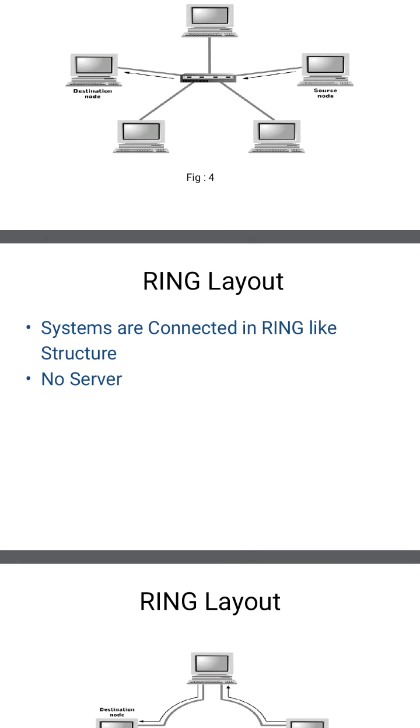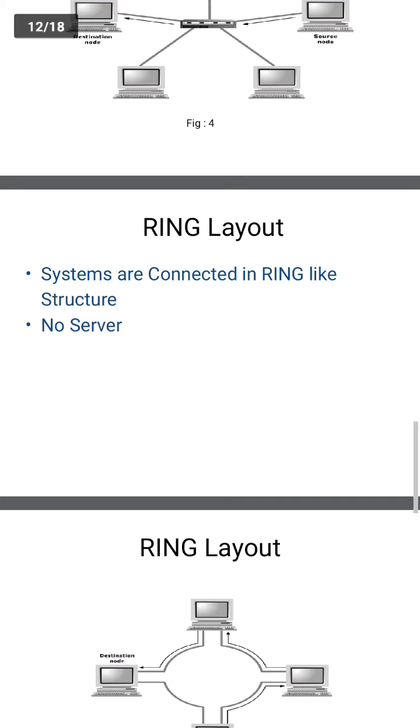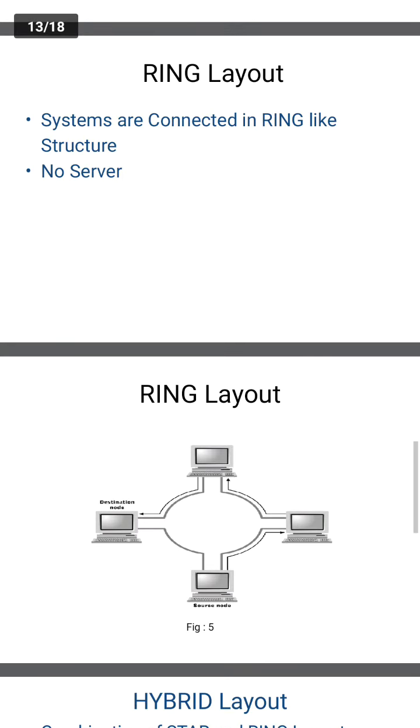Next, ring layout. What is this ring layout? Systems are connected in a ring-like structure, no server. In a ring layout LAN, the computers are linked together to form a ring-like structure. It is in the shape of a ring, that's why we call it ring layout LAN.